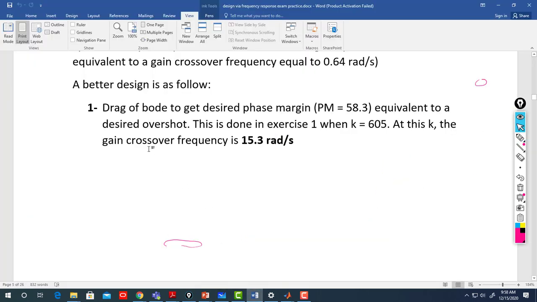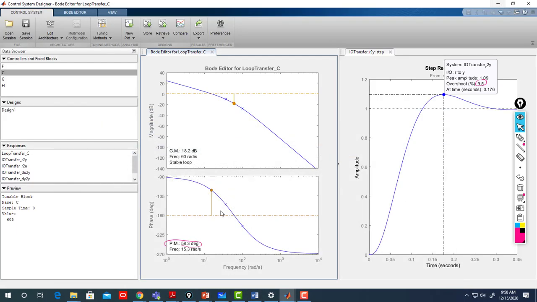Okay, let's see what's step 2. And step 1 is done in the first exercise. In this case, at this gain, the gain crossover frequency is 15 radian per second.